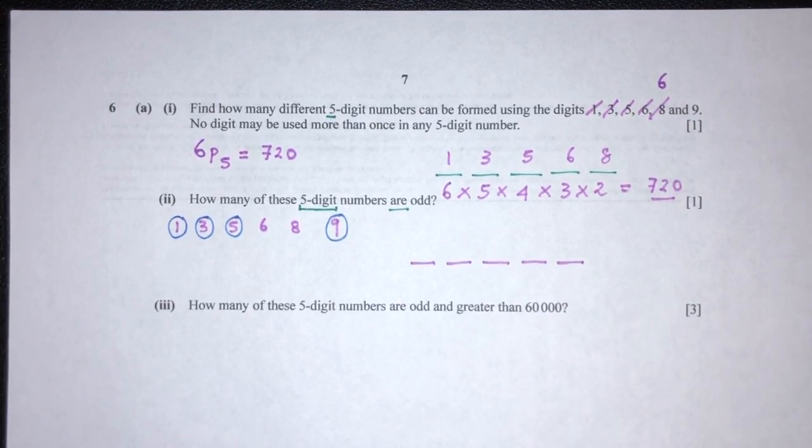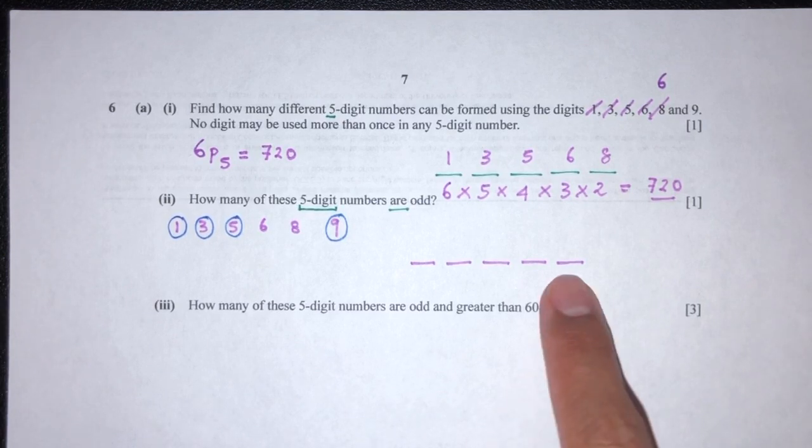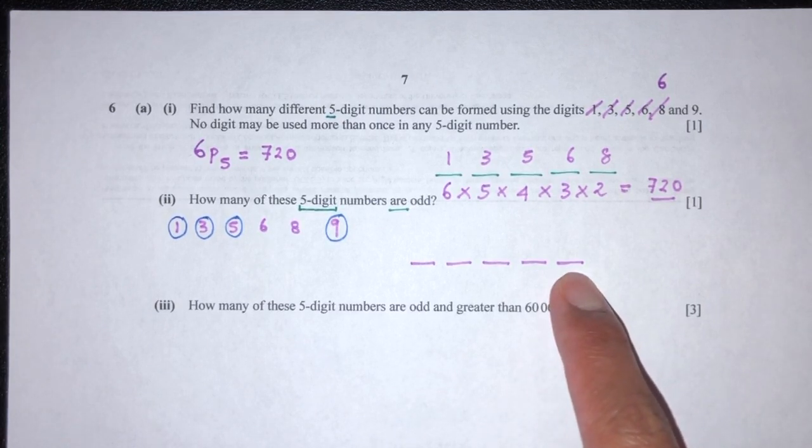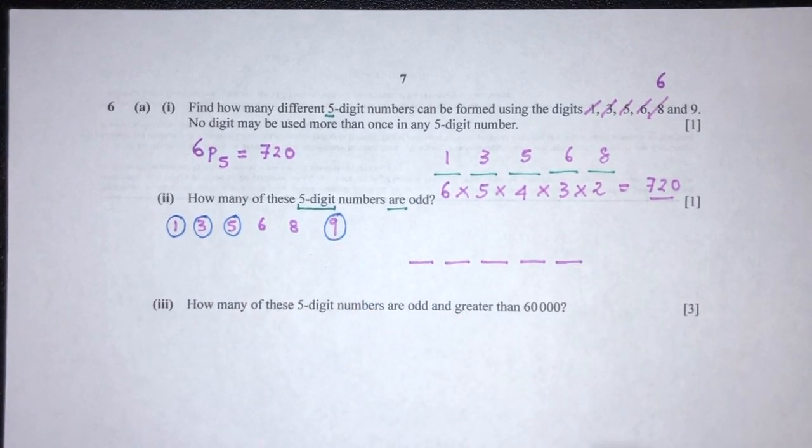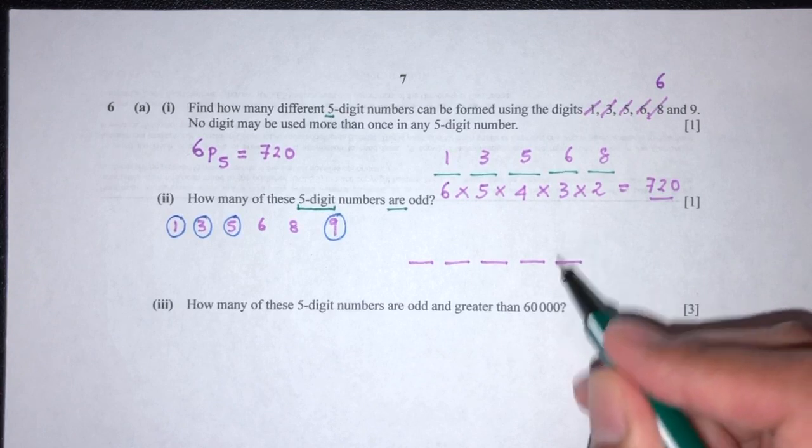Now we understand that a number is odd when it ends with an odd number. That's how we think about this question when we deal with permutation. So the last number here has to be odd. That's the main idea. Now, as you can see, we have 4 options for the last number.